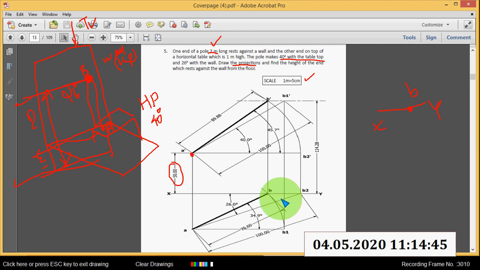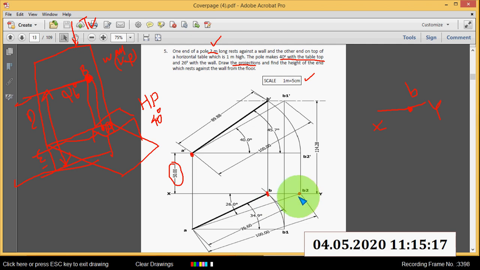In the line rotation method, the top view locus line consists of 2 points, that is B and B2. In this problem the point B is in the XY line because B is in the vertical plane.